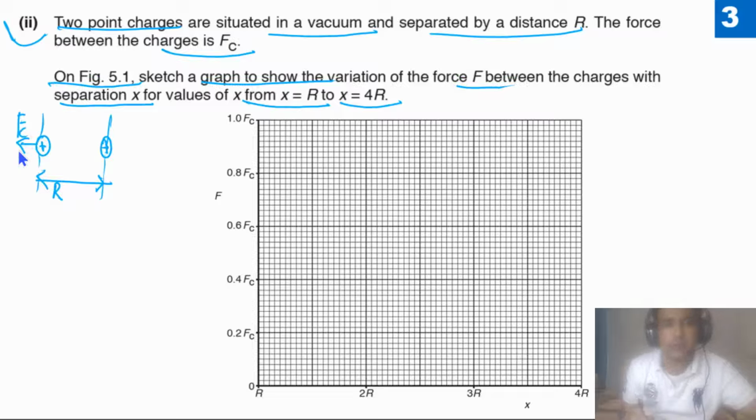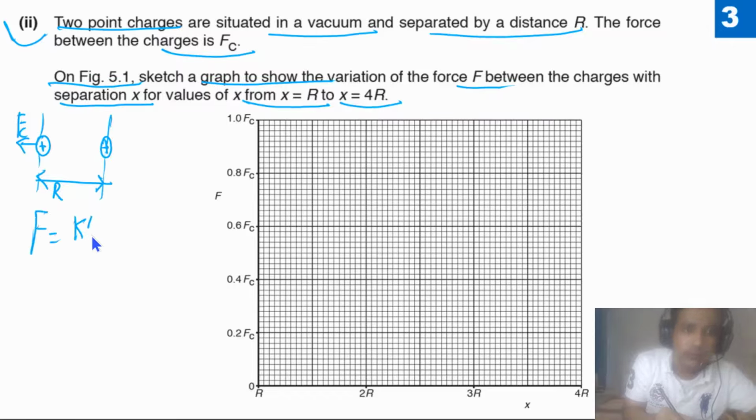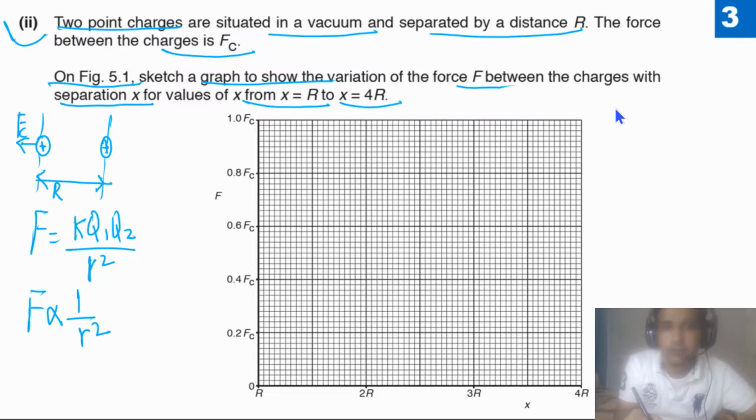Now we need to sketch the graph of how this force is changing with distance. If we increase the distance between them, how will the force change? For that purpose, we need to understand how the force is linked with the distance between the centers of the charges. So this is divided by r square. So from here we can simply see F is inversely proportional to r square. It simply means that for r is equal to capital R, F will be equal to Fc.